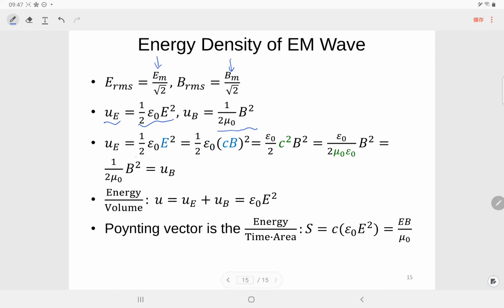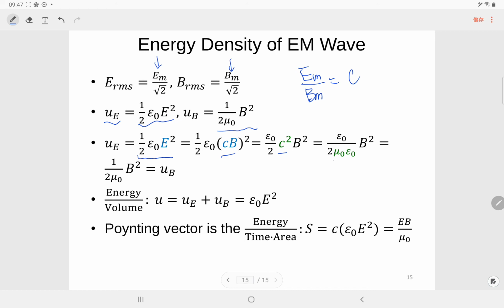And in this case, UE is this one, and we know that E should be c times B, because we know that EM over BM should be c. So we have E equals cB. So suppose we expand it. It distributes the square to c squared B squared, and c squared is nothing but 1/mu naught epsilon naught.